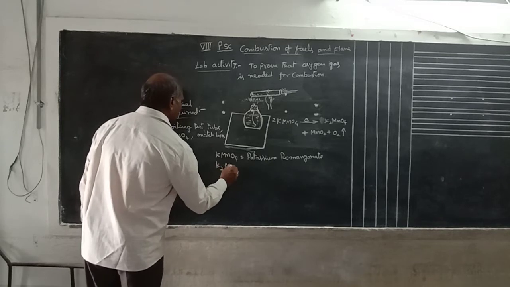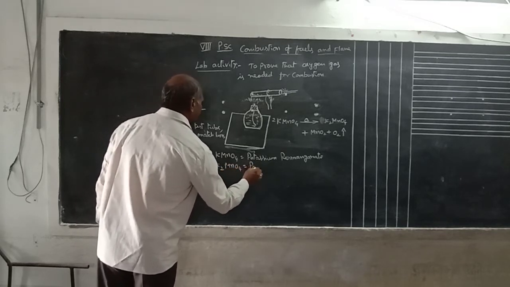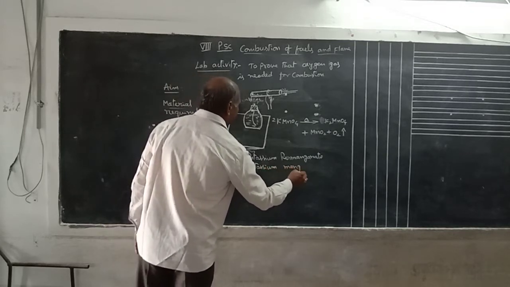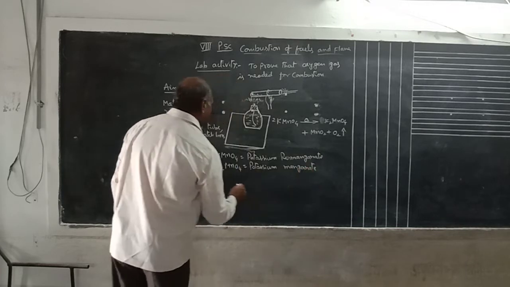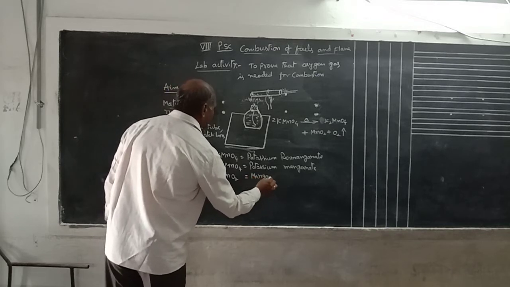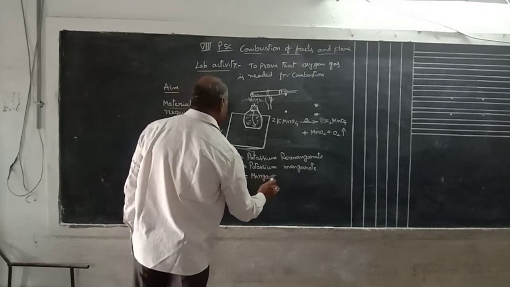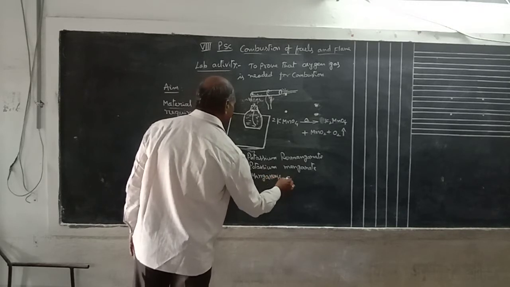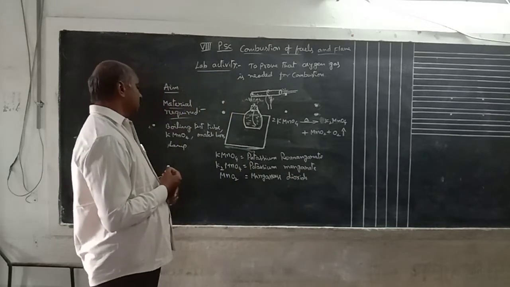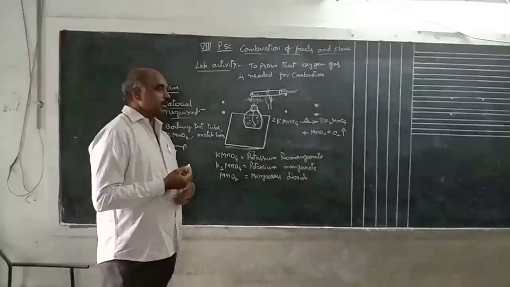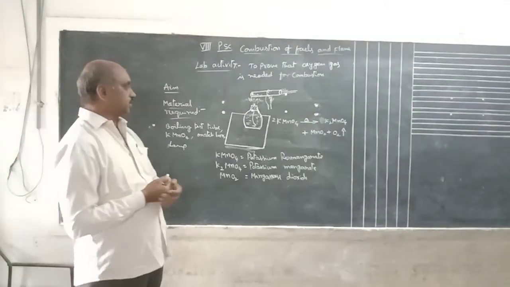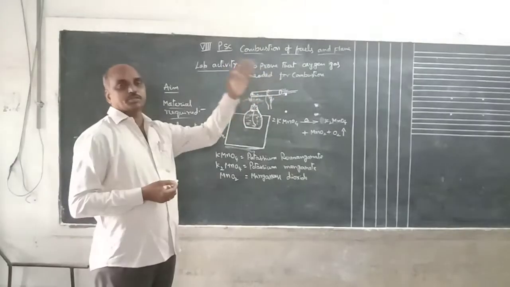K2MnO4, potassium manganate; MnO2, manganese dioxide; and O2, oxygen gas. After heating, KMnO4 is divided into potassium manganate, manganese dioxide and oxygen gas. This oxygen gas supports the combustion.